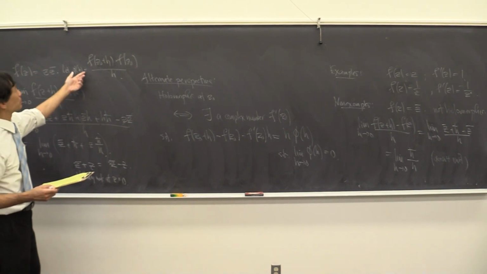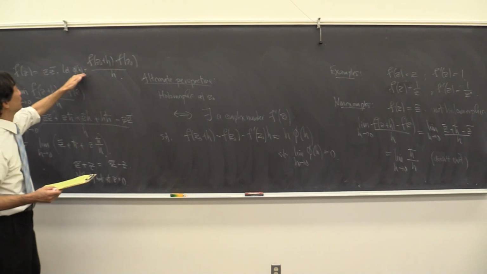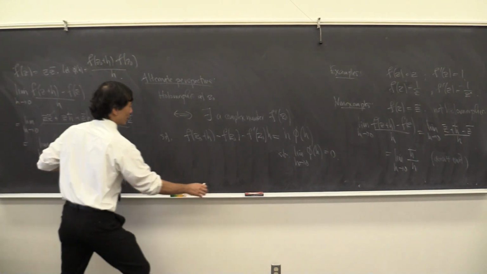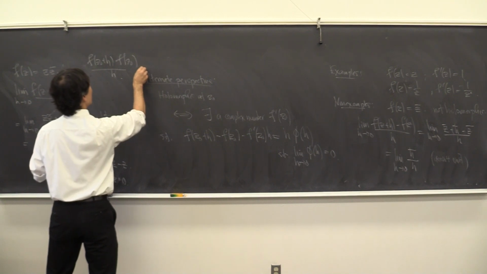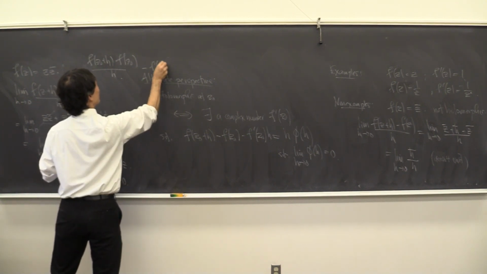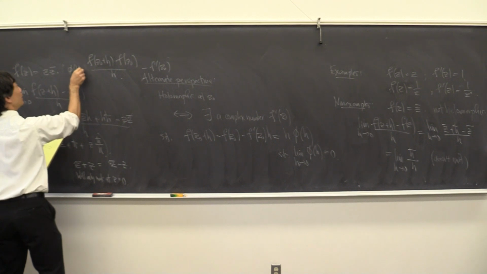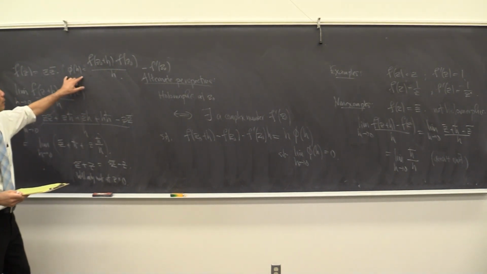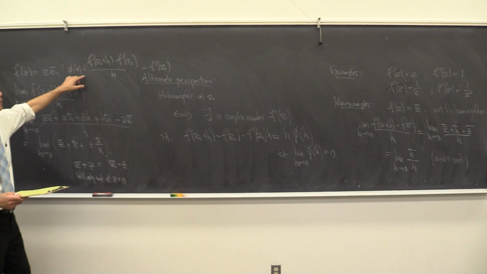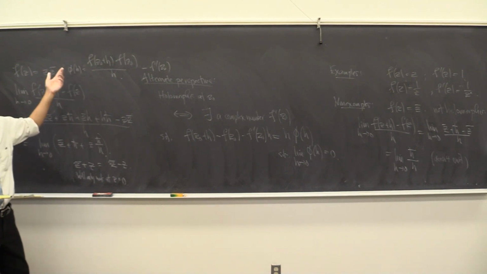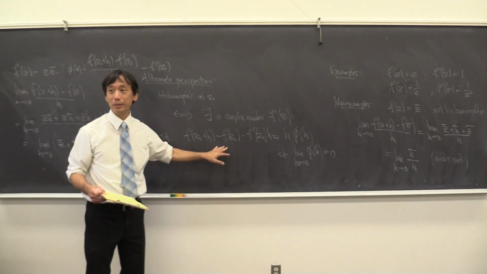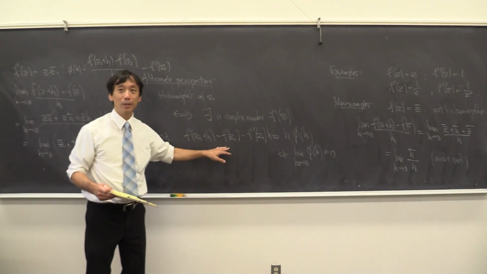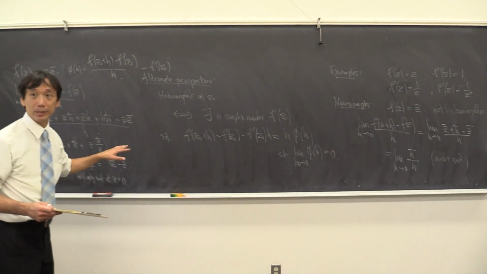Sorry, I'm a little bit off, I need to subtract off the derivative. So let phi of h be this, and what we're saying is that the limit of this is 0. If you just rearrange things, then you get this perspective. Is everybody all right with that?